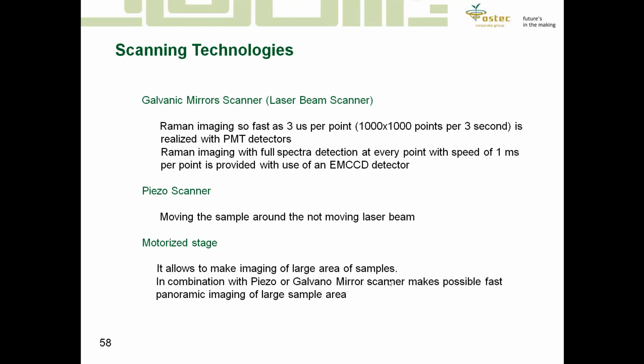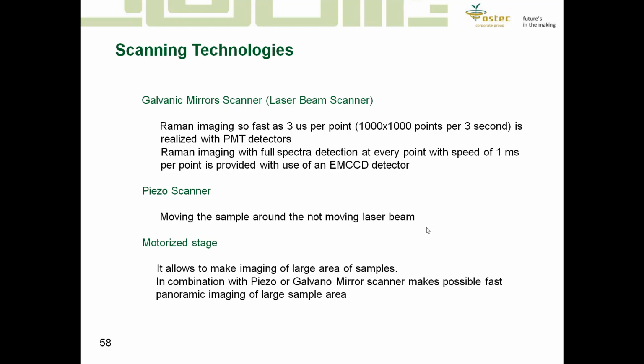And what are the possible scanning technologies we can use? There are several ways to make a map, to scan by laser with respect to the sample surface. Each of them has its own advantages and disadvantages, and they can also be combined with each other. For example, a piezo scanner, a bottom stage piezo scanner stage, allows us to get the highest spatial resolution.